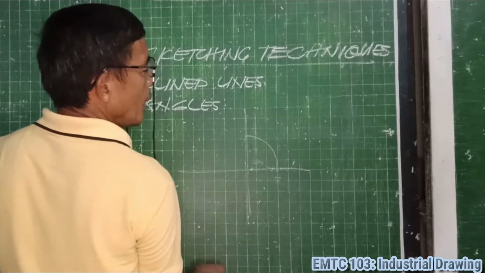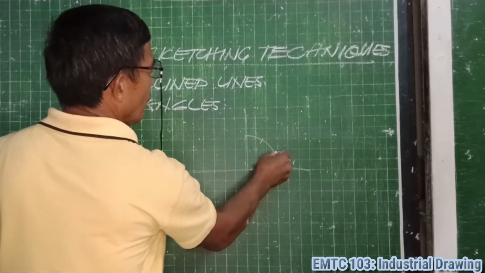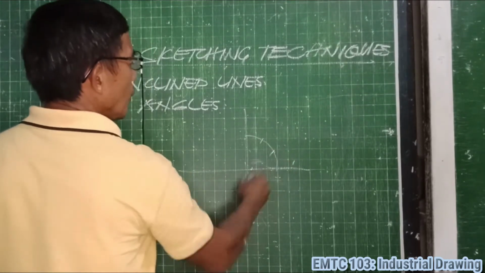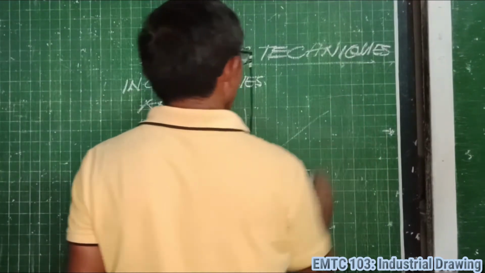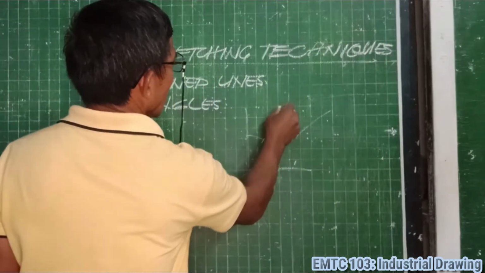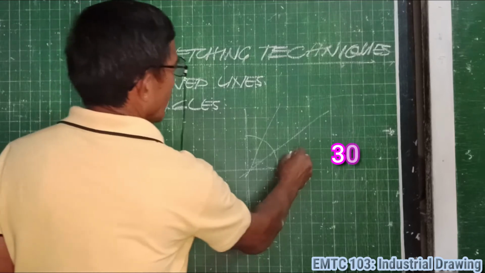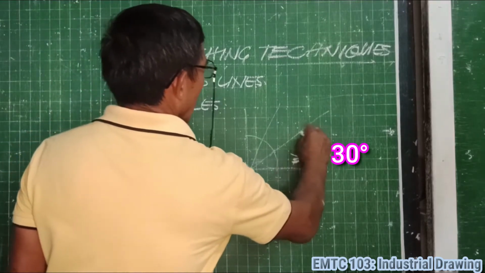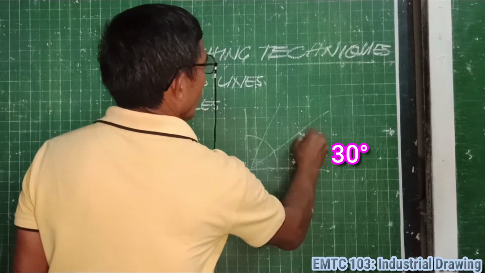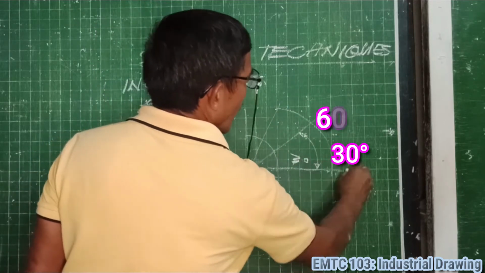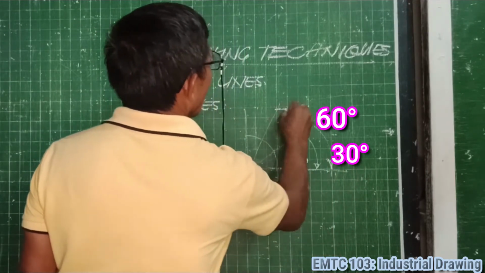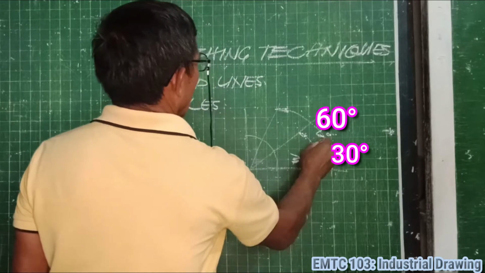Then by eye judgment, you divide this, for example, 30 degrees. One third of this is 30 degrees. Two thirds is 60 degrees. This is 30 degrees, and this is 60 degrees. Okay.